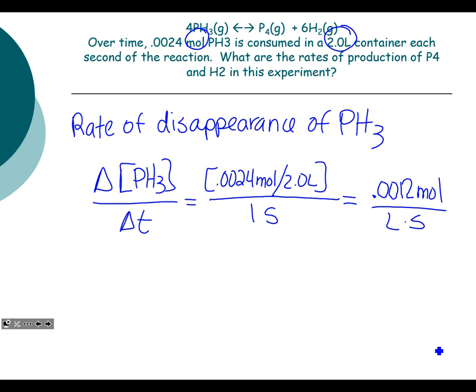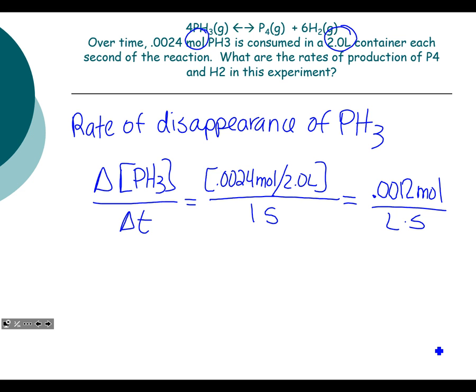Well, what we're going to find is we can relate the rate of disappearance to the rate of production, or the rate of appearance of our products, by using our balanced equation. And if you go up there and look at our balanced equation, we see that for every 4 moles of our reactants that are consumed, we're going to make 1 mole of our P4, and we're going to make 6 moles of our hydrogen gas.